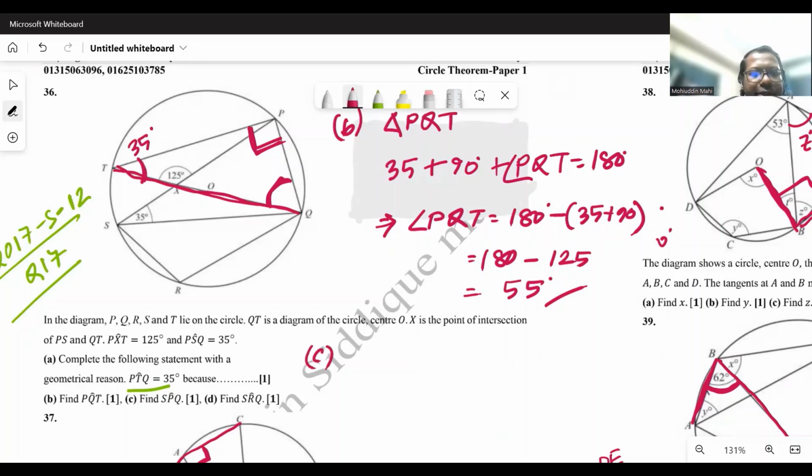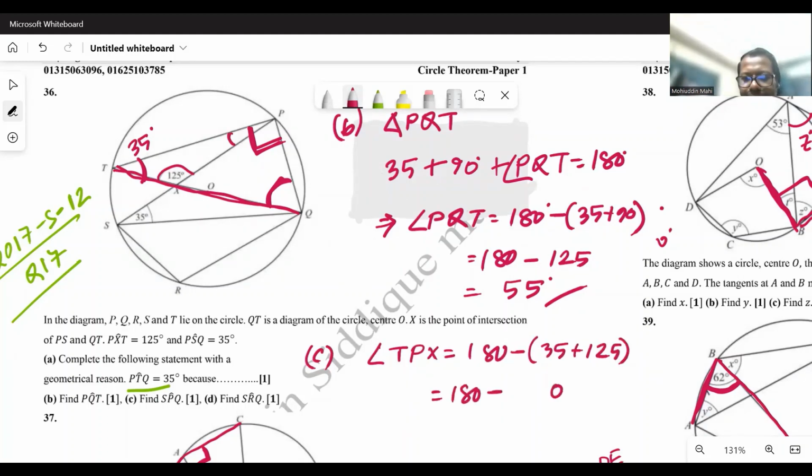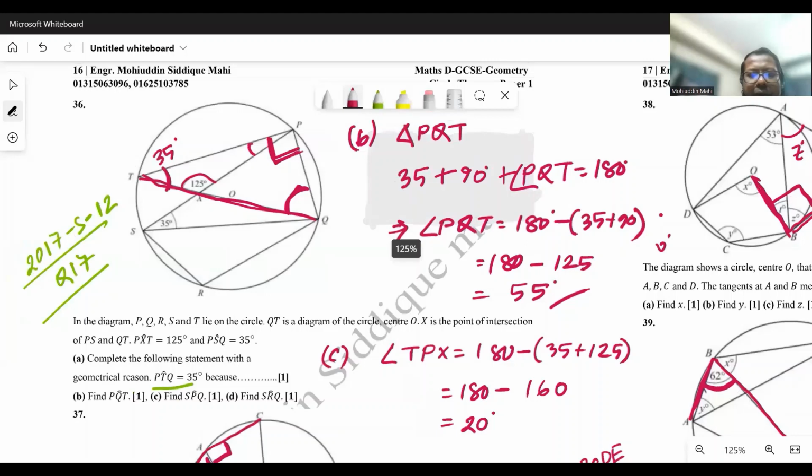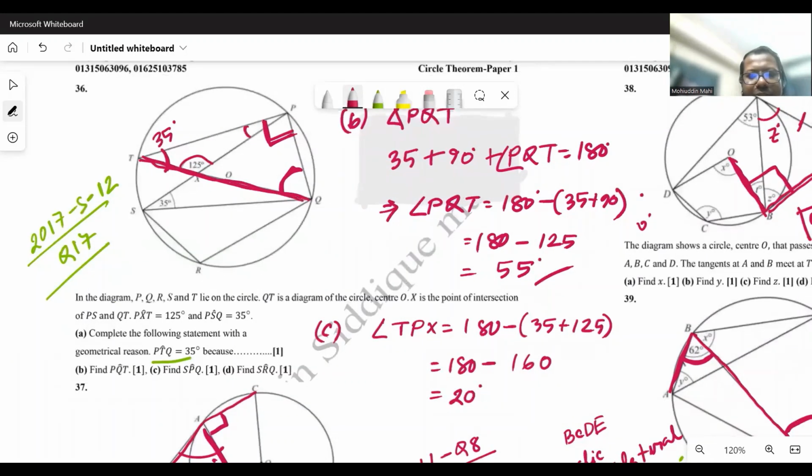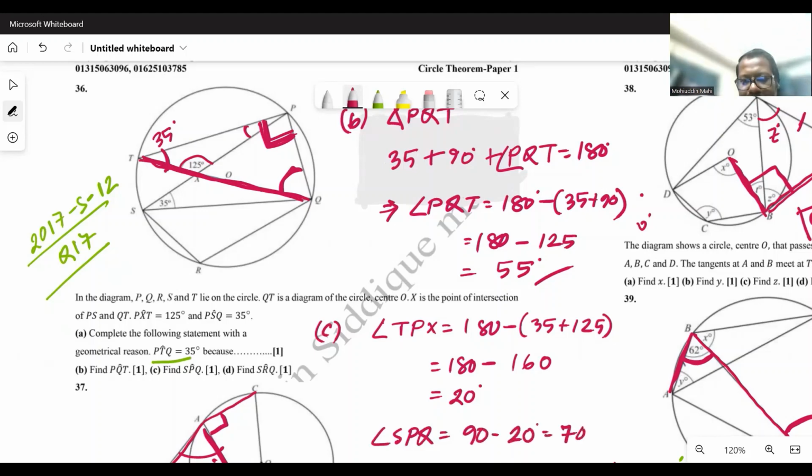Now look here, this is 35, this is 125, so this angle is 180 minus 35 plus 125, that's 20 degrees. And diameter TQ always subtends 90 degrees at the circumference. So SPQ will be 90 minus 20 degrees, so that's 70 degrees.